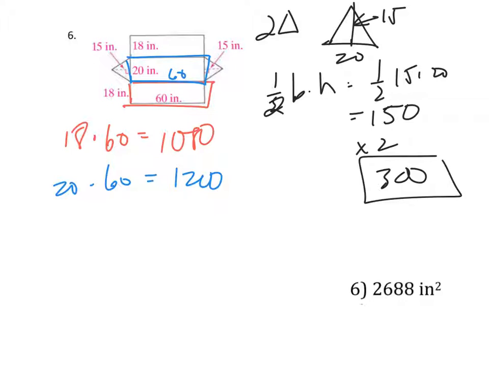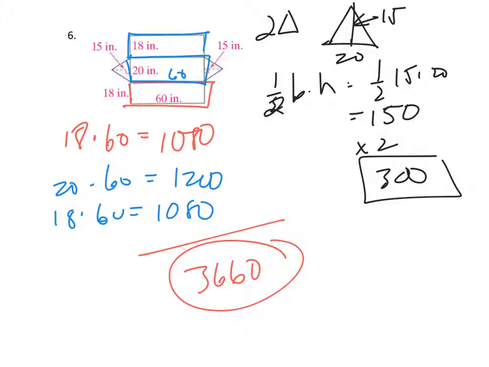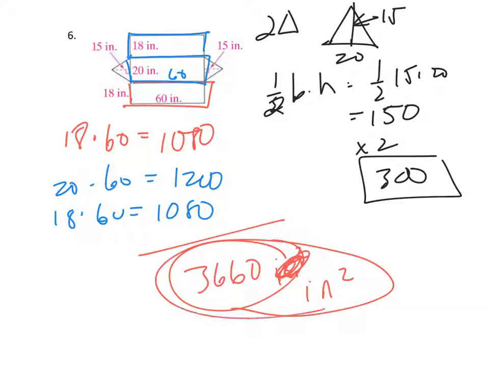And then another 18 by 60, which is 1080. When we add that all together, we should get a grand total of 3660. Don't forget to label that as inches squared because it's area. So again, that's inches squared because it's area. Label's important.